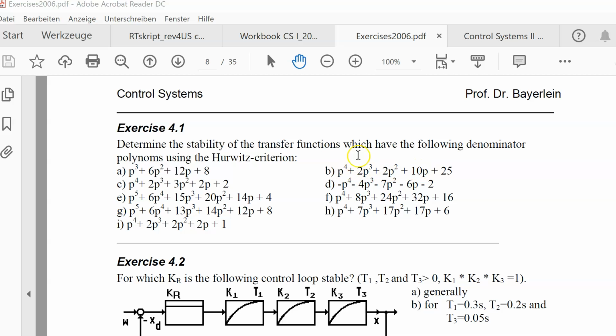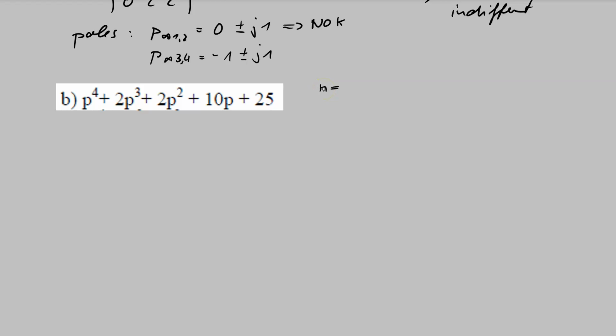Case B should be copied into my paper, and then we solve it with the Hurwitz criterion. Again, we have an n is 4 type, so first criterion: C4 is 1, C3 is 2, C2 is 2, C1 is 10, and C0 is 25.